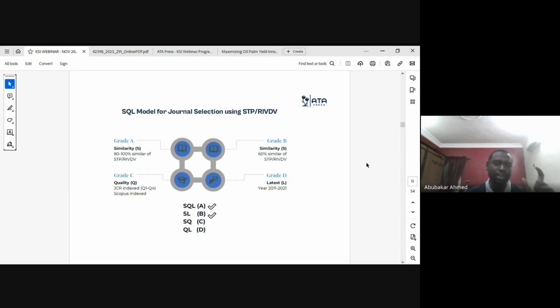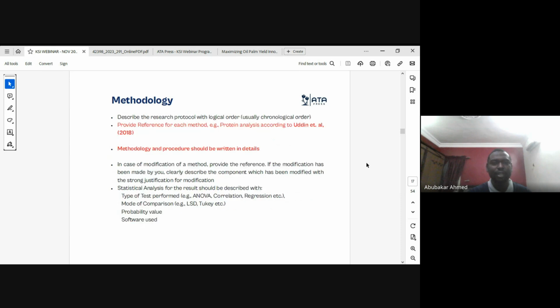You restrict yourself there, but it has never been easy to publish there. But once you have one, two, and maximum five, you can beat almost every competition. You can apply for almost every scholarship and you can get it. So this is brief, I can say, about the JCR model.